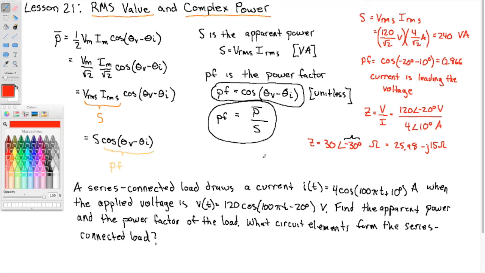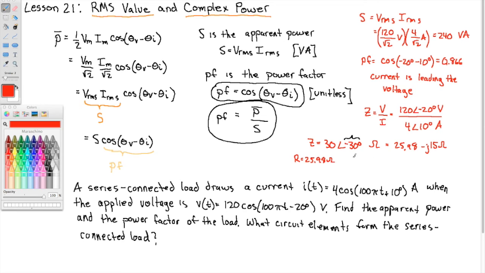So this load must contain a resistor of 25.98 ohms. And it also must contain a capacitor, and I know it's a capacitor because this is a minus j 15 ohms.